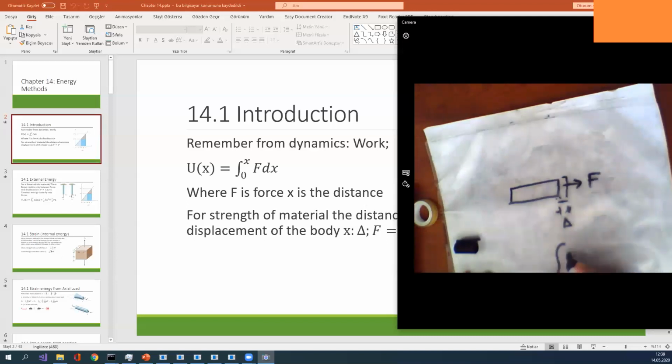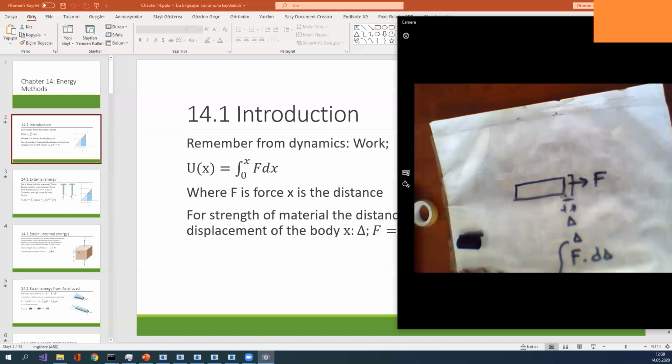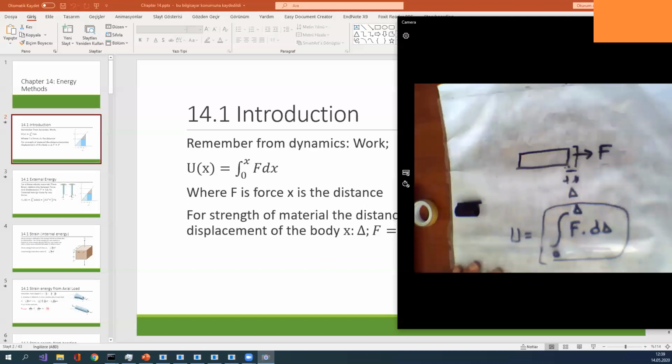Therefore, I have to represent this formulation as the integration of F times d delta, from 0 to delta. So why am I using integration? Because F is also changing with respect to delta. So what is the relationship between the force and the displacement?